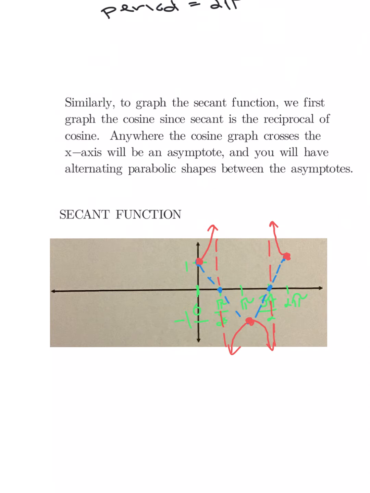Because we have two half pieces between 0 and pi over 2 and then between 3 pi over 2 and 2 pi, that gives us one full piece, and then we have a second full piece between pi over 2 and 3 pi over 2. So this is one period of the secant function. We could keep going and have the other half of those parabolas going like so.